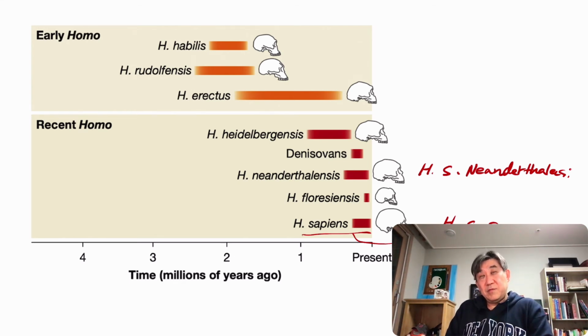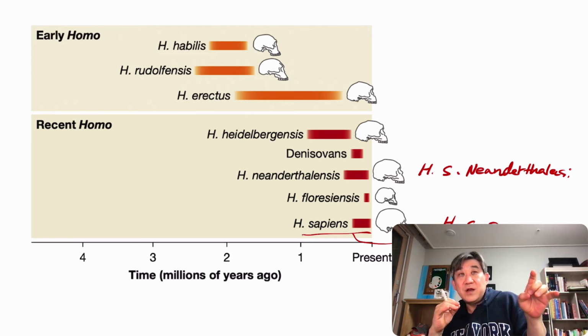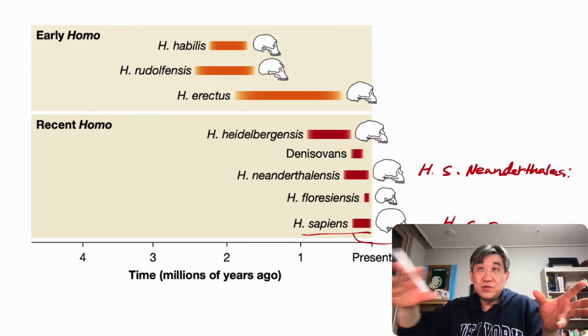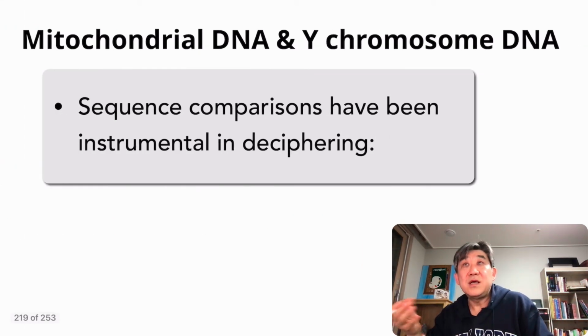So how they are related to each other, and also how these humans migrated from one place to another, all these things can be traced by DNA sequence comparison, of course.